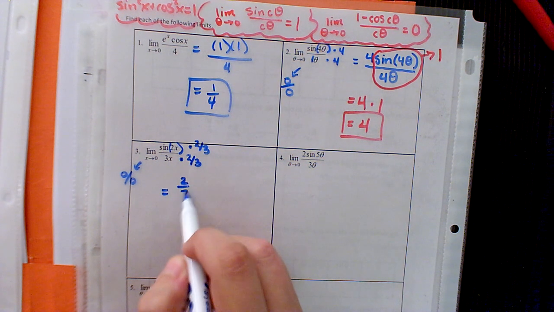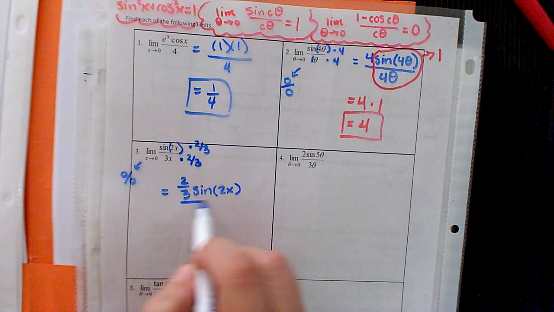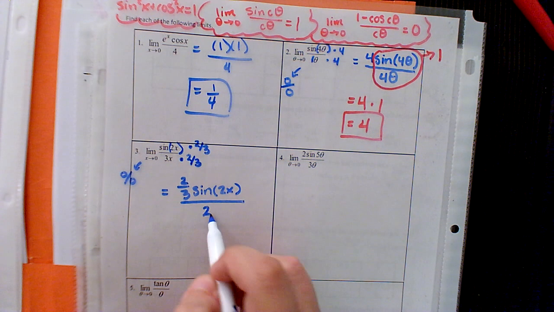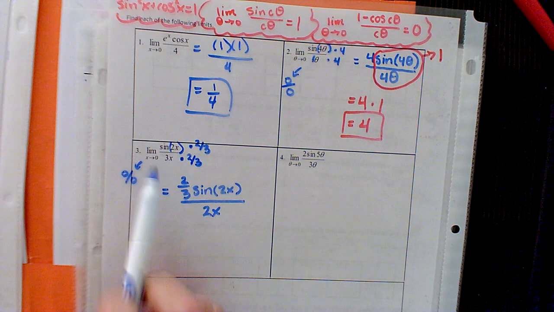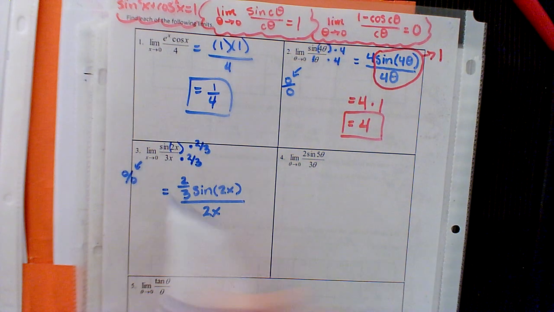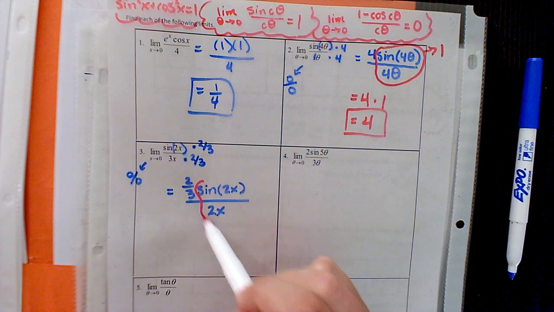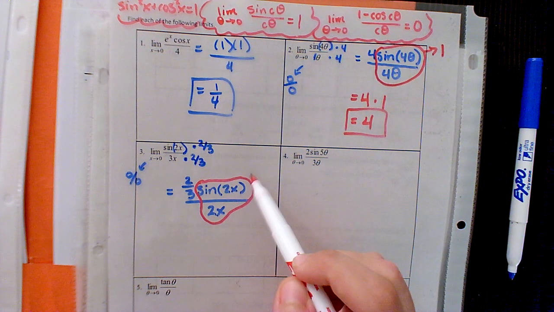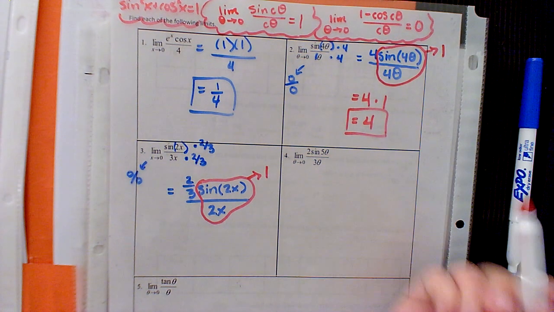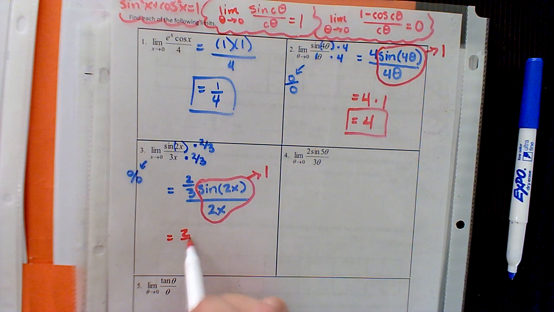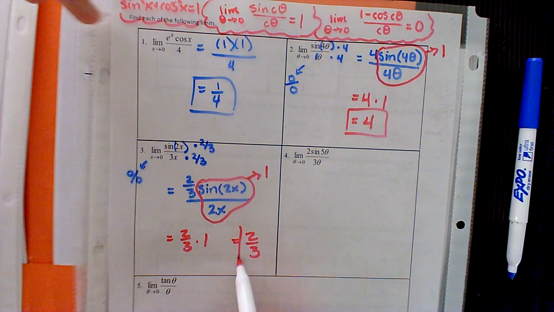So we have 2/3 sine of 2x all over 2x. We are approaching 0, which is a stipulation, and the coefficients match. So what is this section approaching? 1, according to our trig limit. So we're left with 2/3 times 1, which is 2/3.